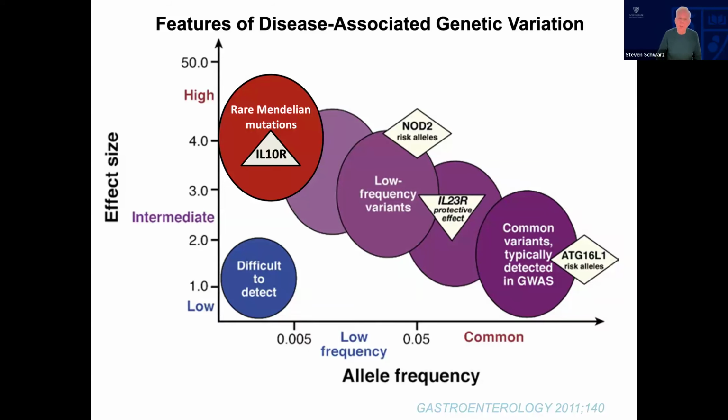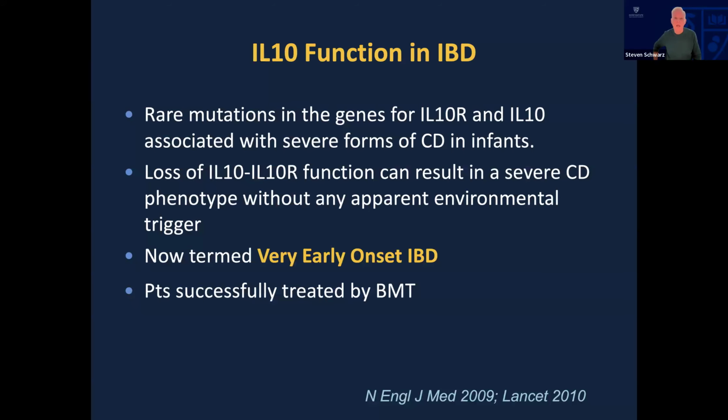On the other hand, if you look at very rare mutations, and I'm looking at IL-10R, those individuals who have mutations in IL-10R have a very high likelihood of having a disease-associated genetic variation that is clinically relevant. So IL-10 is a rare mutation in the gene for IL-10R and IL-10, IL-10R being the receptor and IL-10 being the ligand, that's associated with severe forms of Crohn's disease in infants.